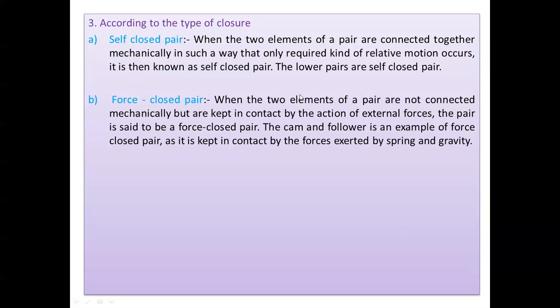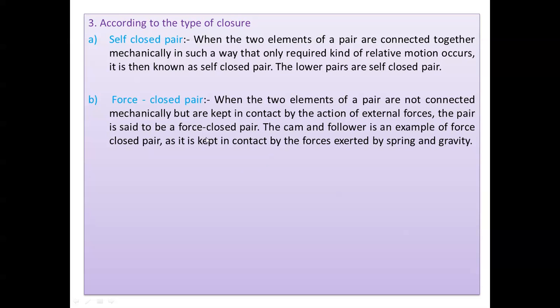For example, all the lower pairs are self-closed pairs because they are connected mechanically. Next is force closed pair. Here the elements of a pair are not connected mechanically but are kept in contact by the action of external forces.